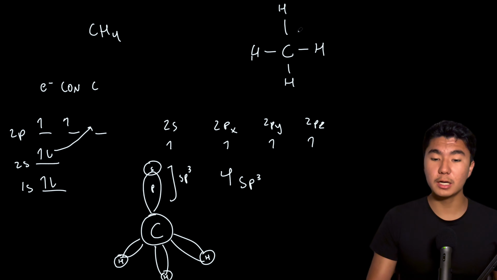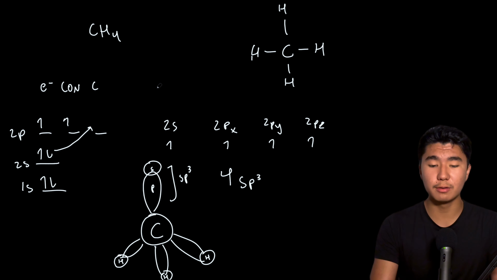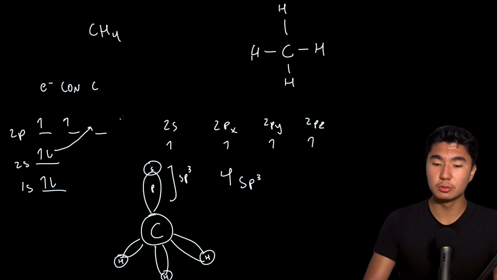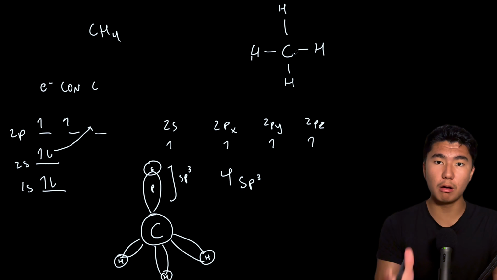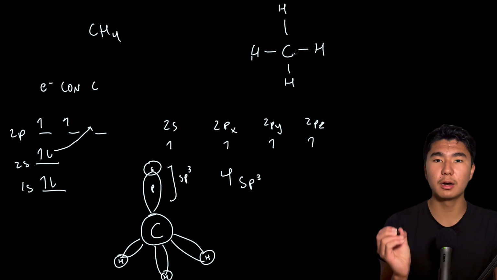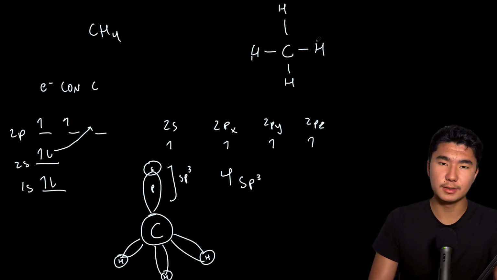But over here, you don't really have to go through all of this math or look at the electron configuration and try to move the electron over here, because looking at the Lewis structure of any molecule, here's a trick you can use to understand the hybridization of, let's just say, carbon.